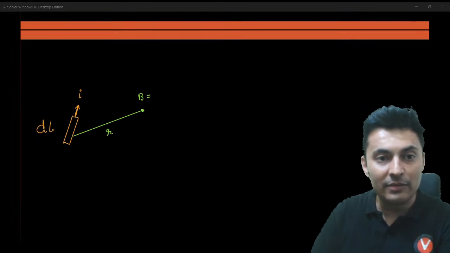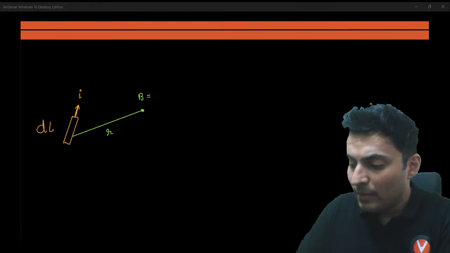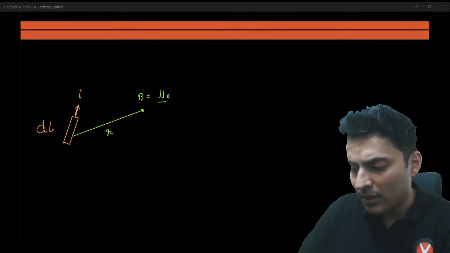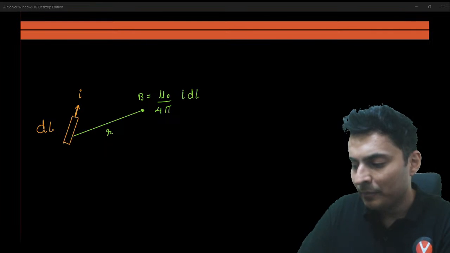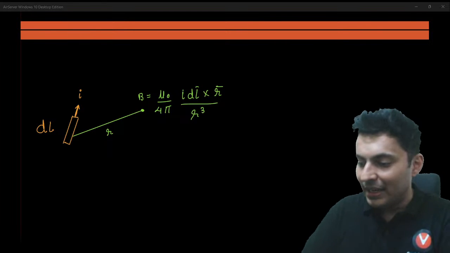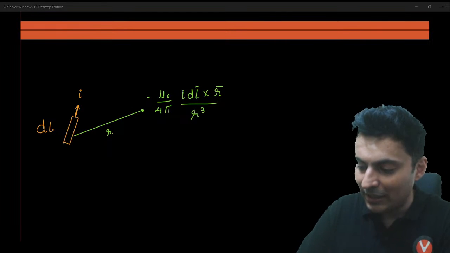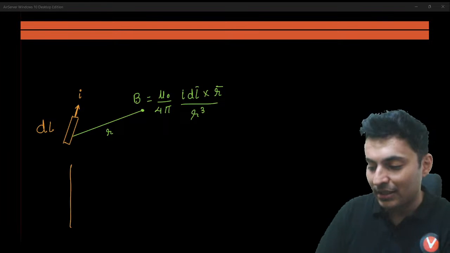And how does magnetic field depend on distance? So many people remember that formula. Yes, sir, I remember the formula is mu naught by 4 pi I dl cross r divided by r cube. So many people think this particular magnetic field is inversely proportional to cube of the r. But that is not correct.